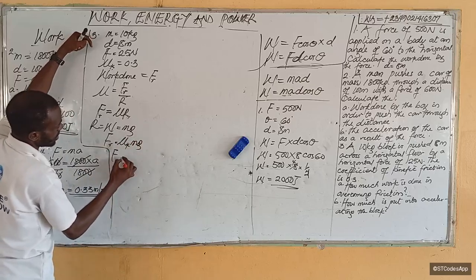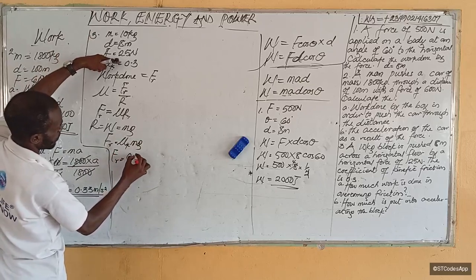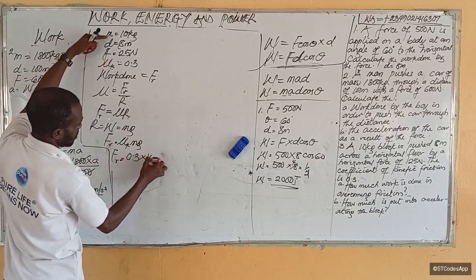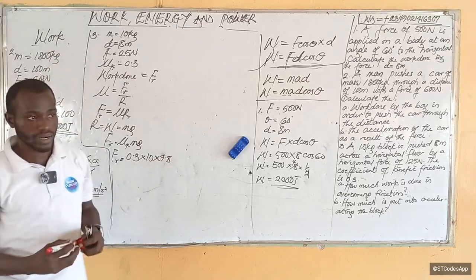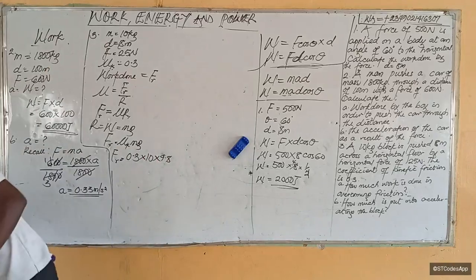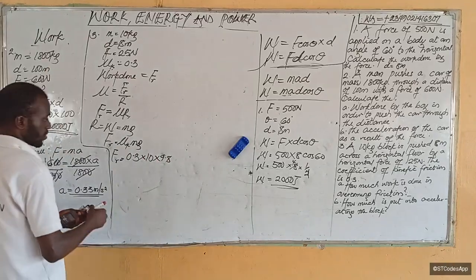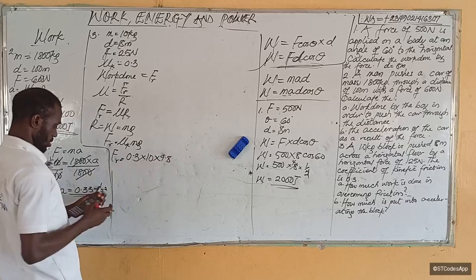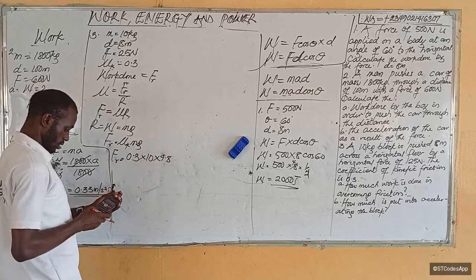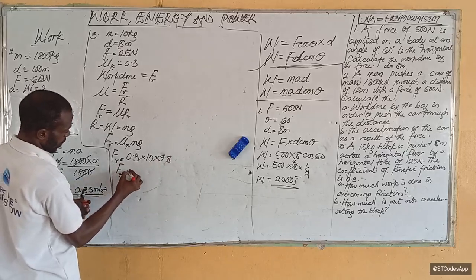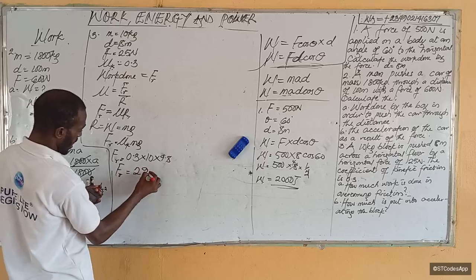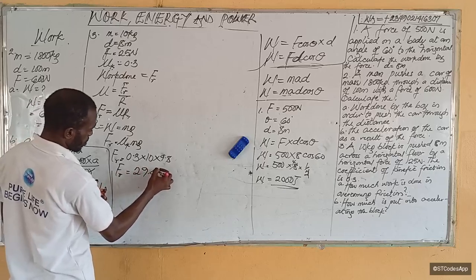Our mu sub k is 0.3, our mass is 10, and g is 9.8. So 0.3 times 10 times 9.8, that's 98 times 3, which is 294. So the frictional force is equal to 29.4 Newton.